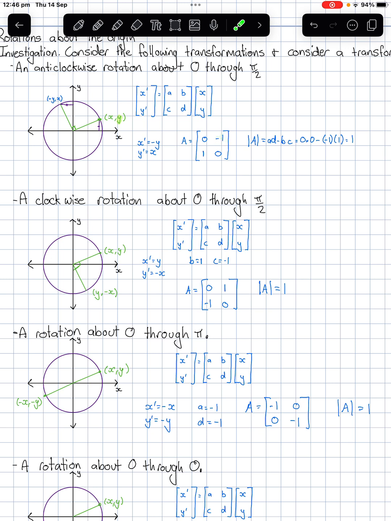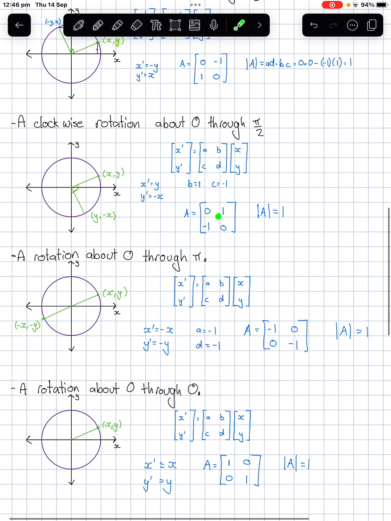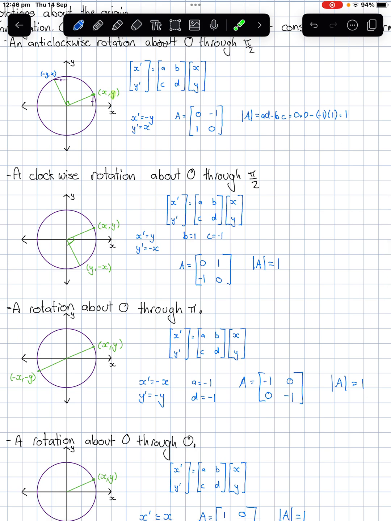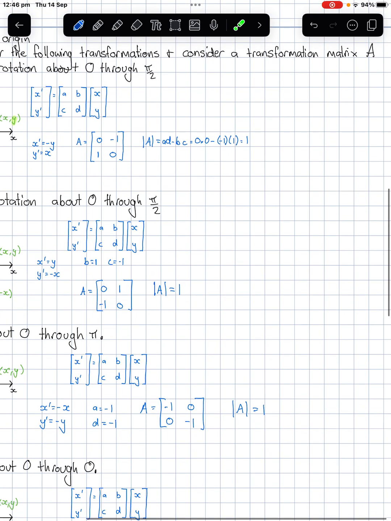We've got this negative, so maybe in our rule we're going to have something a bit different. So cosine pi on 2 equals 0, and sine pi on 2 equals 1.